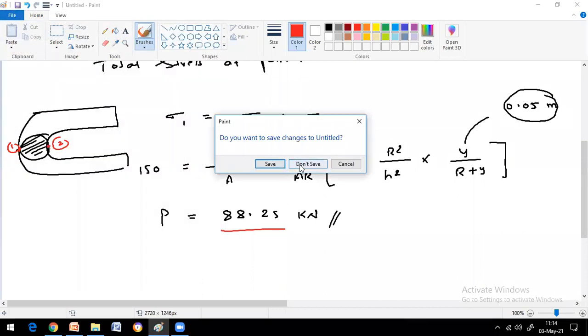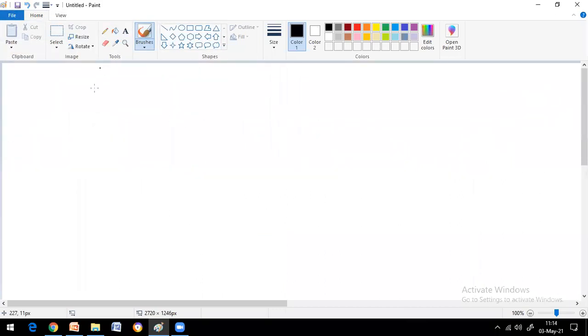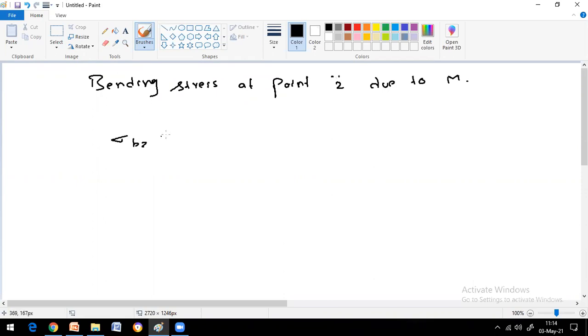Let me take new. So next, same way, bending stress at point 2 due to moment. Sigma b2 is equal to M by A R of R square by h square into y by r minus y, minus 1, which is under compression.